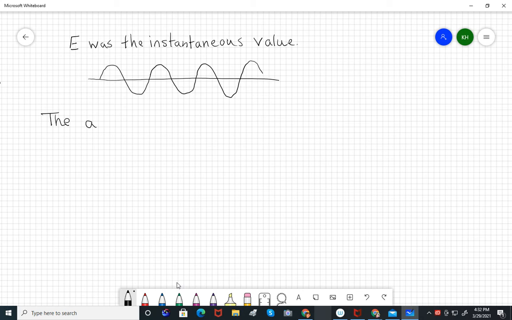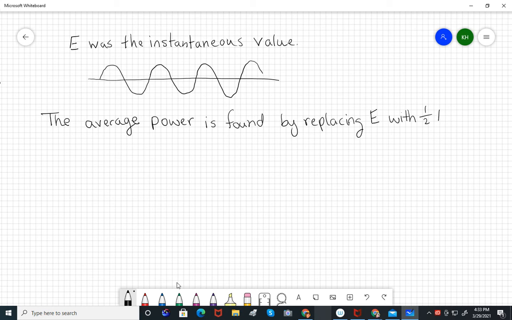The average power, intensity, energy, whatever you want to think about it, is found by replacing the value of E squared with 1/2 E max squared. So the average value uses half of the squared value.